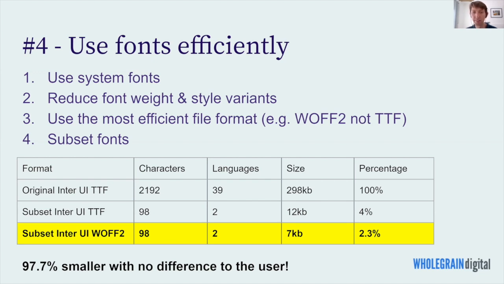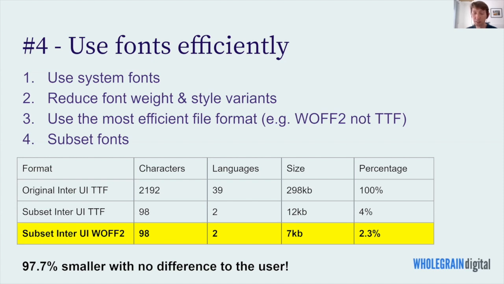Subsetting that down to just UK characters, so the alphabet, 0 to 9, and special characters like asterisks, exclamation marks, question marks, apostrophes, full stops, all those normal things you use day to day, we get it down to 98 characters from 2,192. And without even changing the type of the file, we've shrunk it down to 12 kilobytes.